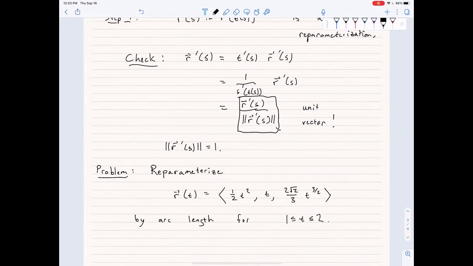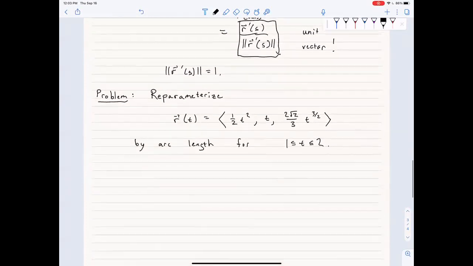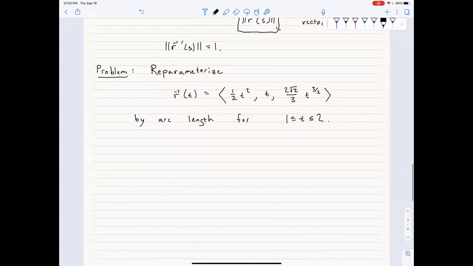So this is my A and my B. Okay, well, we have to follow at least the prescriptive part of our steps where we define our arc length function, find the inverse, and then put the inverse function into our original parameterization. That last step might be kind of messy, so I don't know if I will do it or, well, we'll see.